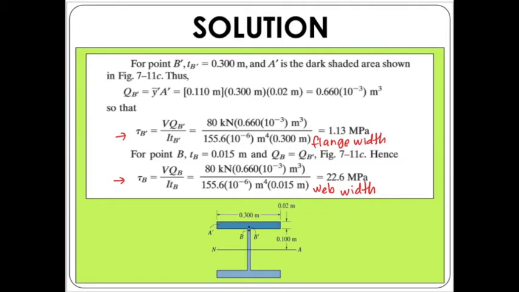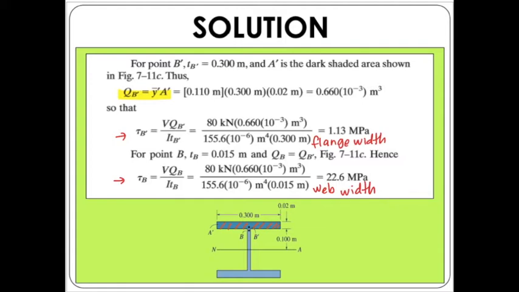We are considering this equation, and the calculation is shown here on top. We consider this area A that is shaded now. I have shaded the area A prime, which is the area that we are going to consider in the Q calculation.